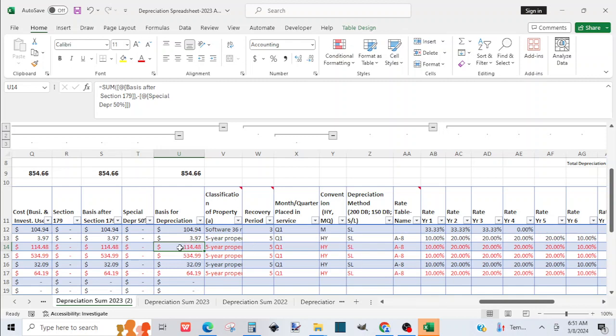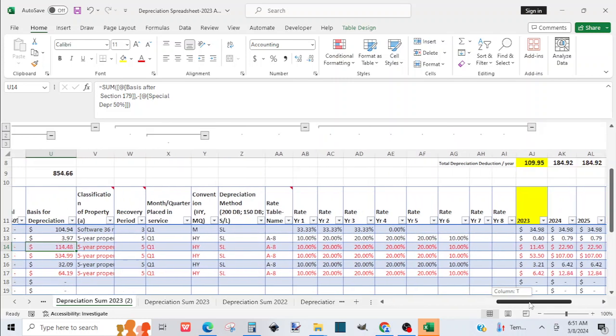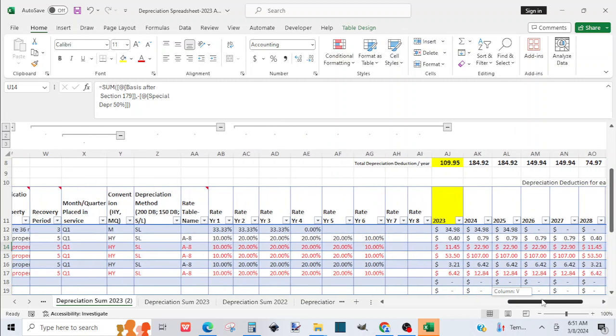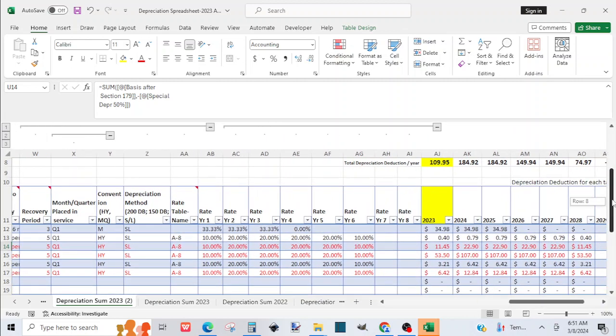And that basis for depreciation times the year 1 rate gives the deduction for year 1, and that same basis times the year 2 rate gives the year 2 depreciation deduction, and so forth.